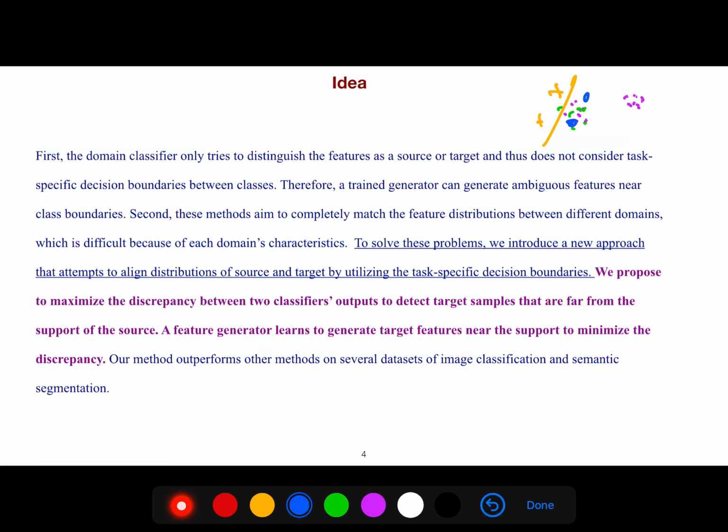We propose to maximize the discrepancy between two classifiers' outputs to detect target samples that are far from the support of the source. A feature generator learns to generate the target features near the support to minimize the discrepancy. Our method outperforms other methods on several datasets of image classification and semantic segmentation.